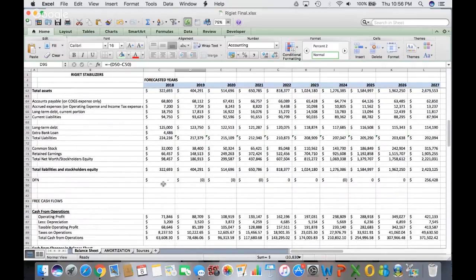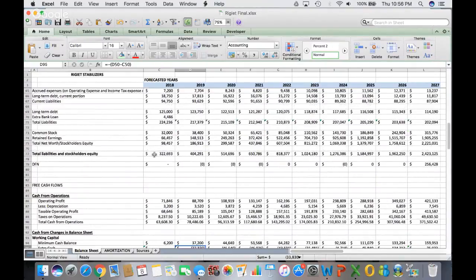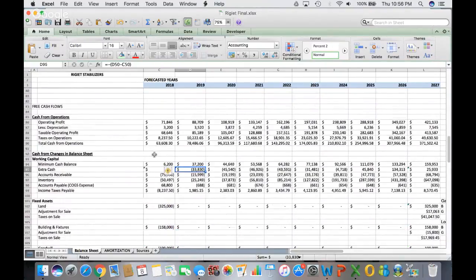That's how we balanced that, was using our extra cash and an extra bank loan, which I think we only had in 1 year. Anyways, that's the reference of our extra cash. We've got accounts receivable, inventory, accounts payable, and income taxes payable. And all of those are calculated by using the formula of next year minus this year. And that's all the way across for our working capital.